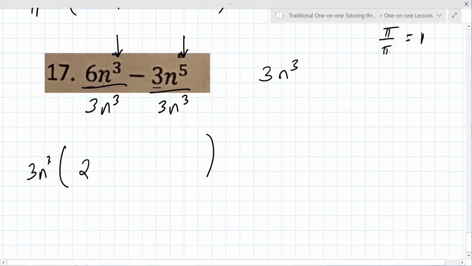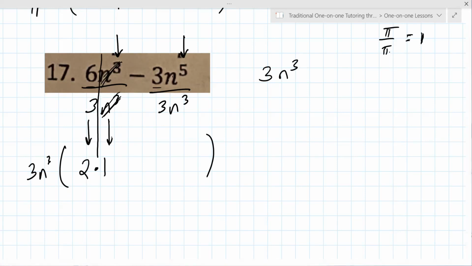When n cubed is over n cubed, these are the same, so they cancel. It becomes 1, and 2 times 1 is 2. Do you see that this becomes 2 and this on the right becomes 1? Now on the one on the right here, what is 3 divided by 3?